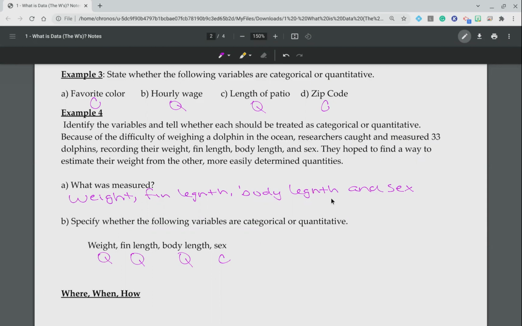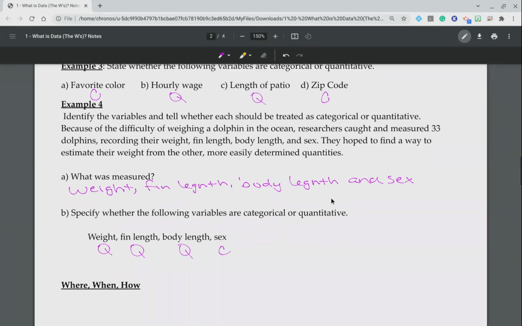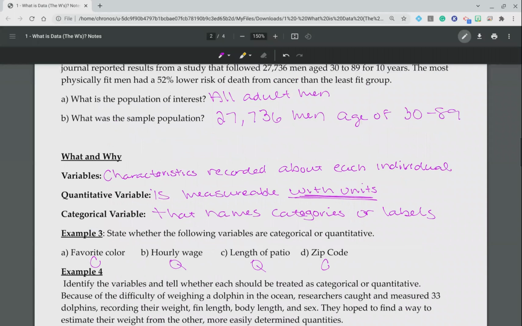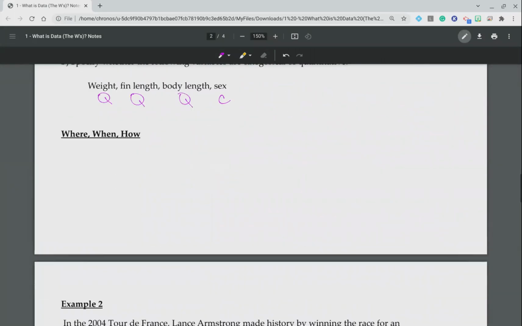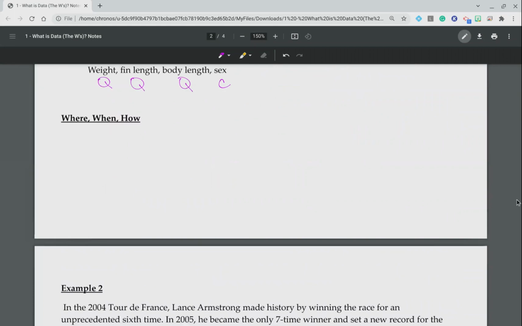Okay, so we've done our what and why. We have done our who. Now we have to do our when, how, and where. Okay, now, not every study has all of these.